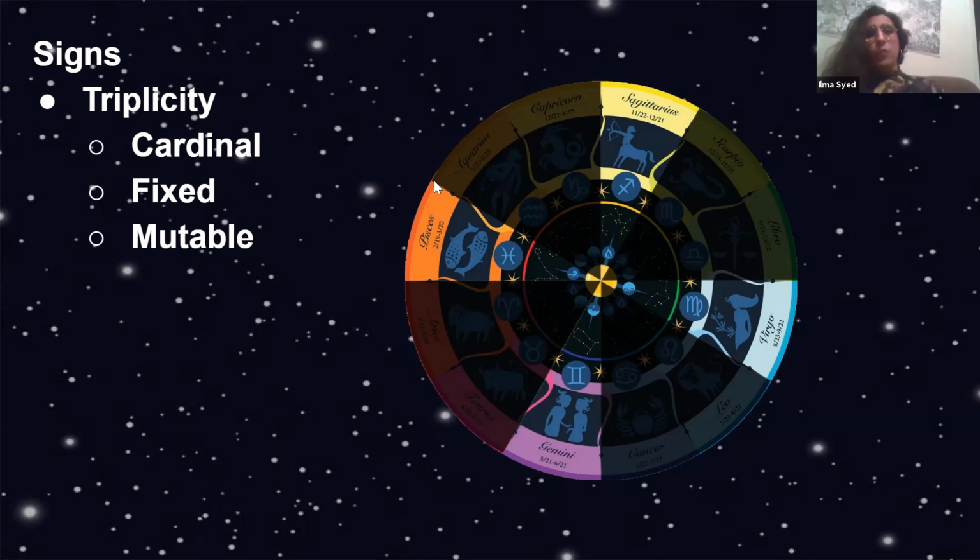So now that we went through all the triplicities, are there any questions on any of that? I have a quick question. I've been told that cardinal, fixed, and mutable is kind of a process, where as you go through it, the signs help each other: get things started, keep it going, and then finish it.